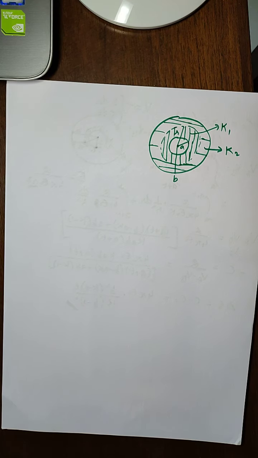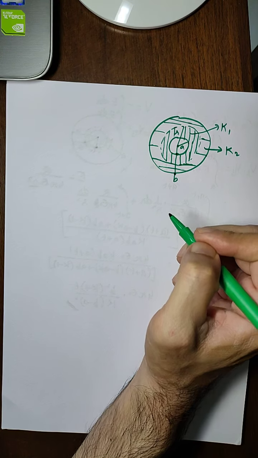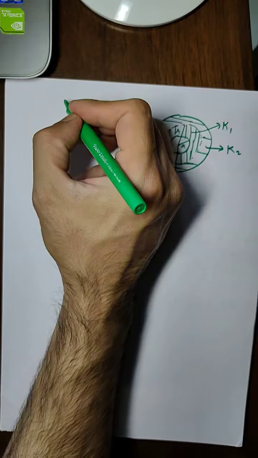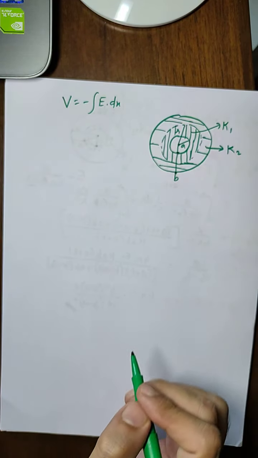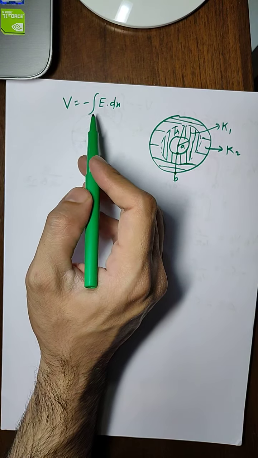Now we know that if we transfer a charge Q from the outer to the inner shell, from this point to this point, then the potential difference can be calculated by using the formula V equals minus integral of E dot dx. This we have studied in the chapter of electric potential.